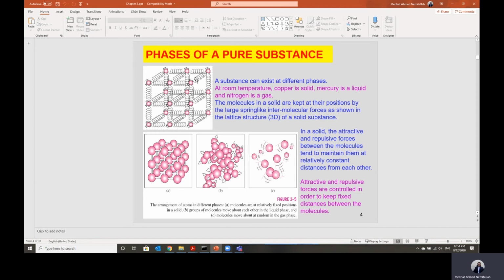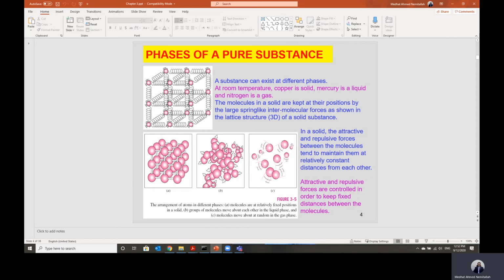As you see here, the molecules are connected in a spring-like connection. The attractive and repulsive forces between the molecules keep each molecule in its position. So the movement of the molecules in a solid is almost nonexistent. We don't have molecular movement in this case.